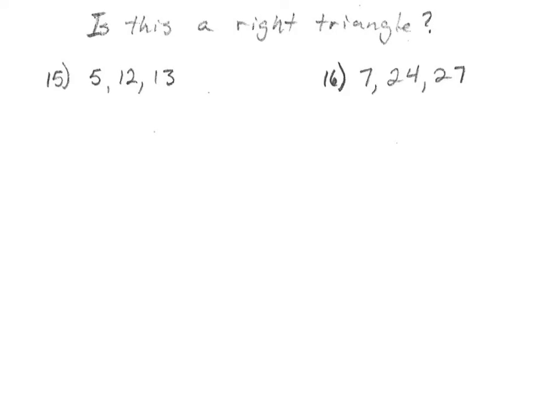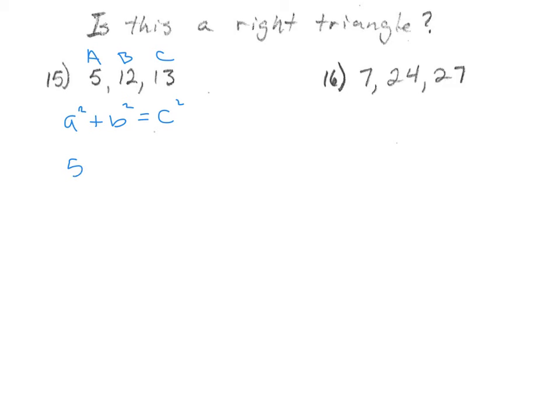15 and 16, the question is asking, is this a right triangle? So what we're going to do is plug into the formula a squared plus b squared equals c squared. And if it's true, then it is a right triangle. So your shorter two sides are going to be a and b, and your longest side is going to be c.